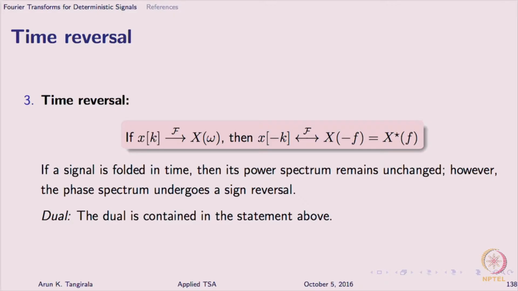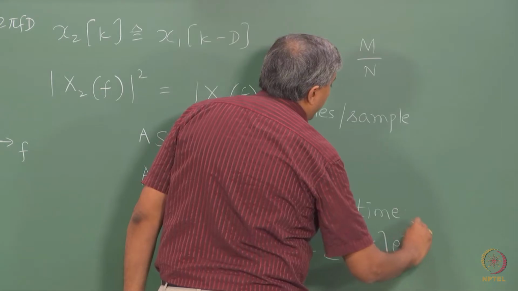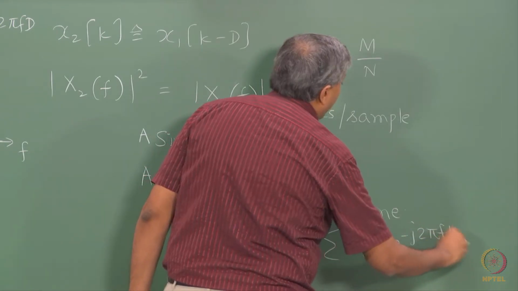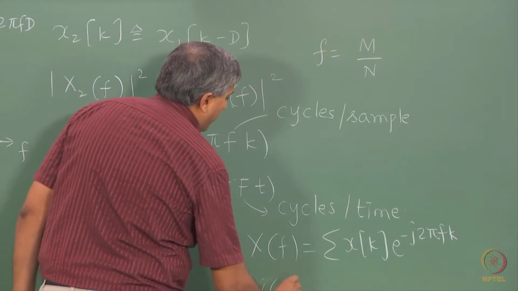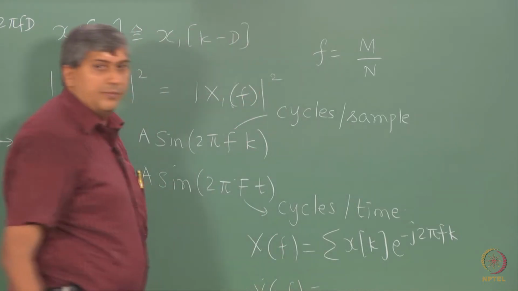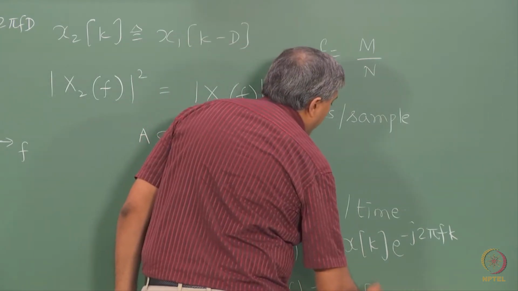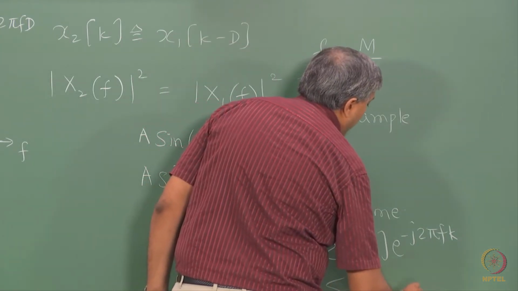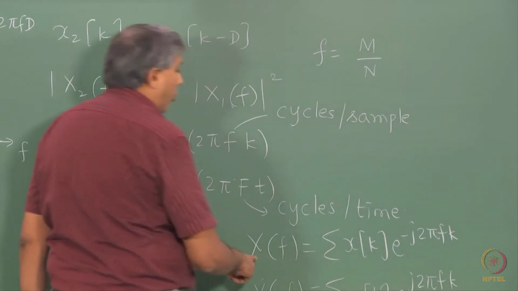It is very simple. X of f is sigma x k e to the minus j 2 pi f k, and x of minus f is therefore sigma x k e to the j 2 pi f k, which is nothing but the conjugate of this.